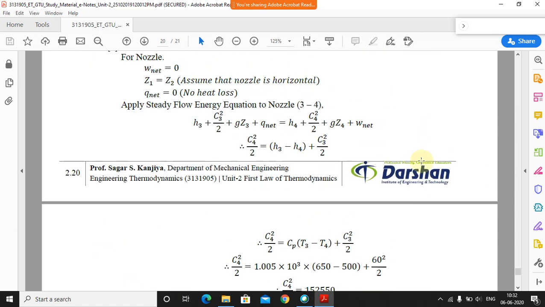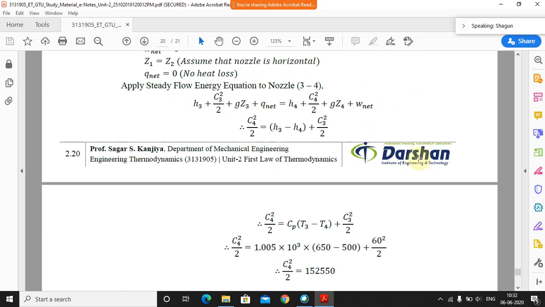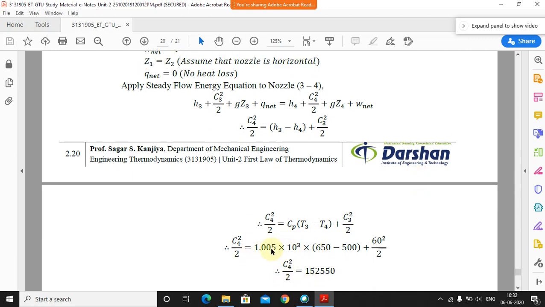Have you considered it like this? This 1.005 into 10 raised to 3?